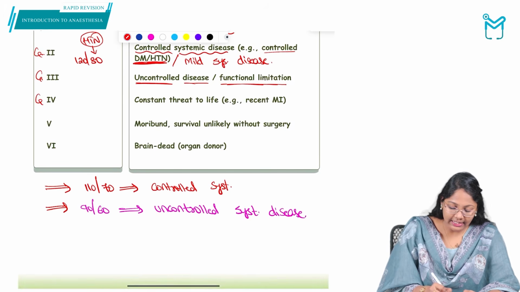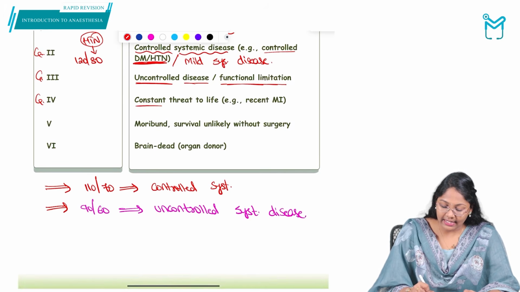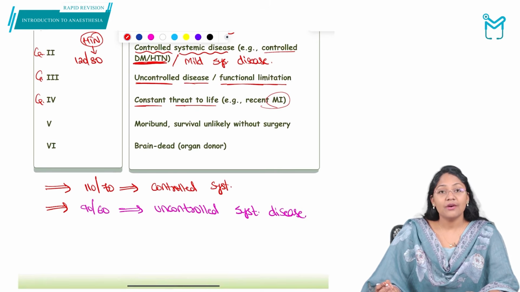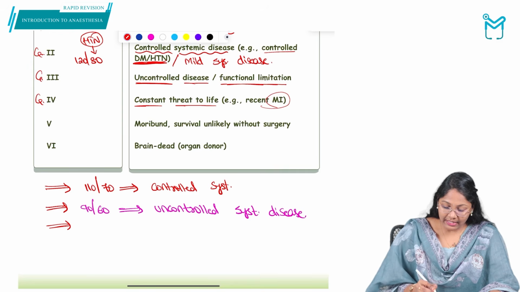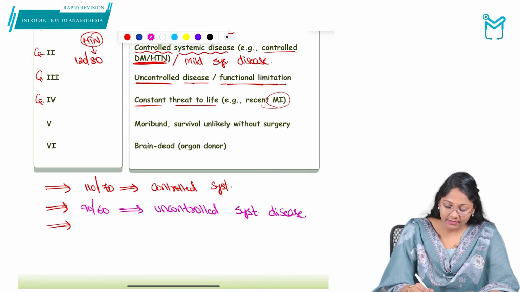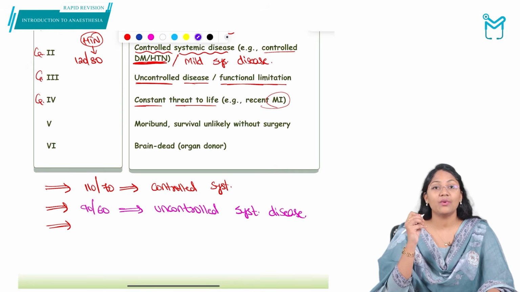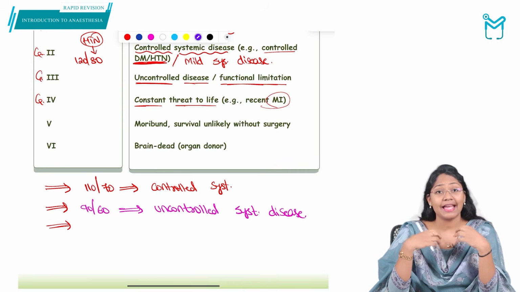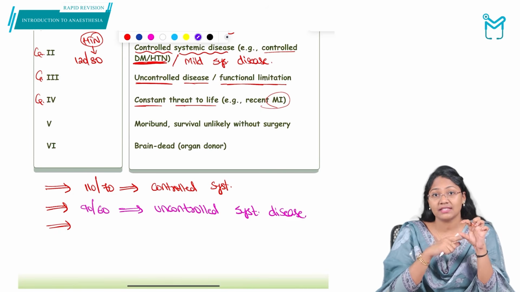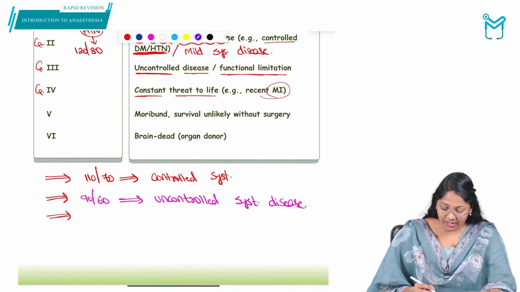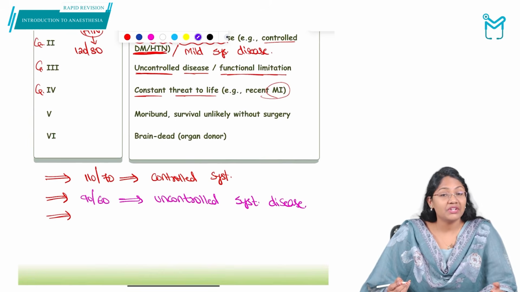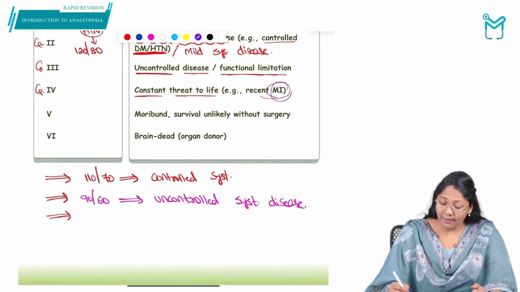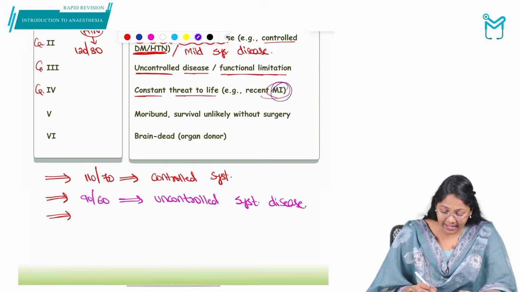Now when you take grade 4, what is it saying? Constant threat to life. For example, MI. What does hypertension cause later on? Hypertension means the pressure in our blood vessels has been increased, which will lead to left ventricular hypertrophy later on, and then it will lead to heart attack, such as MI.